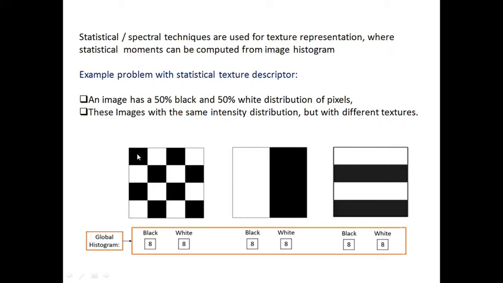Here the black box is a texture, and the white box is a texture. The black box is repeated in this manner, and the white box is repeated in this manner. So finally I have 8 black boxes and 8 white boxes in this image, repeated one after the other. Coming to the next image, of course I have 8 black and 8 white boxes, but after the completion of the alignment of all 8 white boxes, I have 8 black boxes.